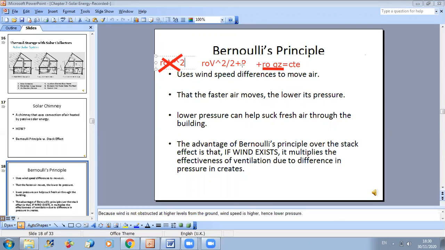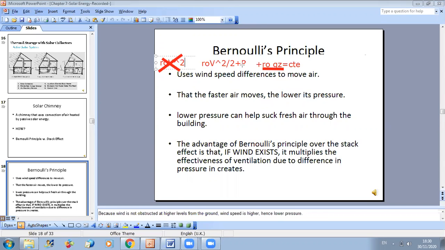Okay, so in stack effect, we mainly rely on a change in density due to temperature variation, while in Bernoulli's principle, we rely on change in velocity. For example, when we have wind, it creates a certain pressure drop that will circulate air. The advantage of Bernoulli's principle over the stack effect is that if wind exists, it multiplies the effectiveness of ventilation due to the differences in pressure it creates.